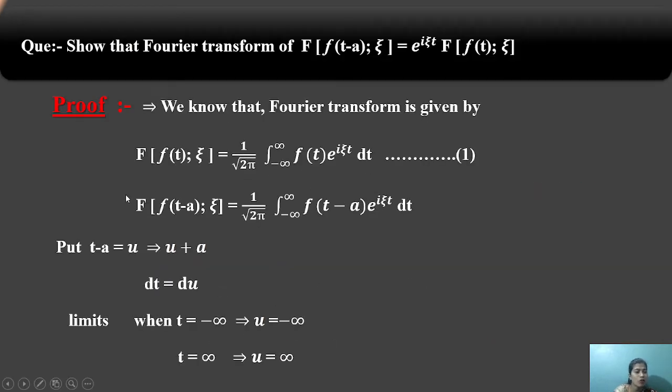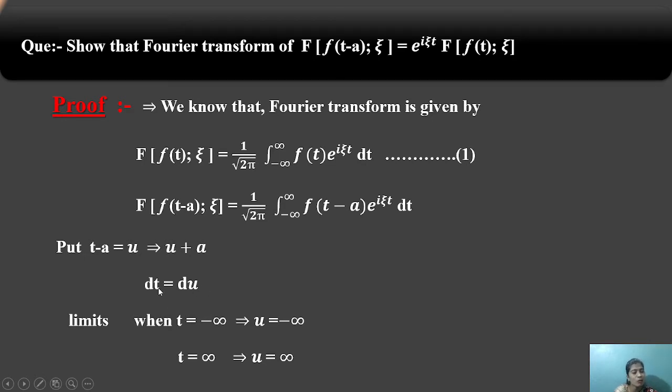Then put t minus a equals u. So t equals u plus a, moving a from the left side to the right side. Then dt becomes du, because a is a constant and its derivative is 0.